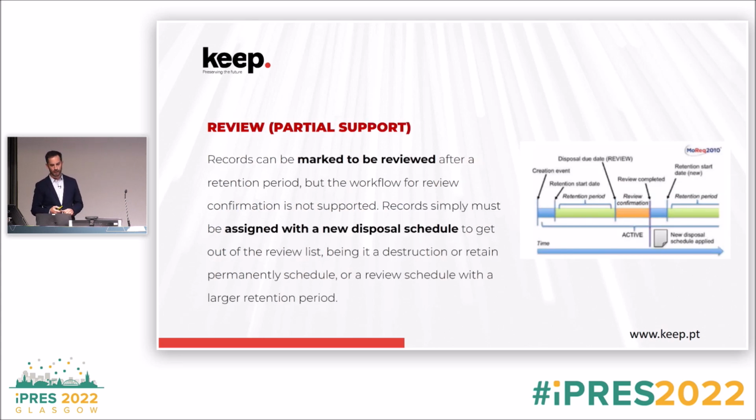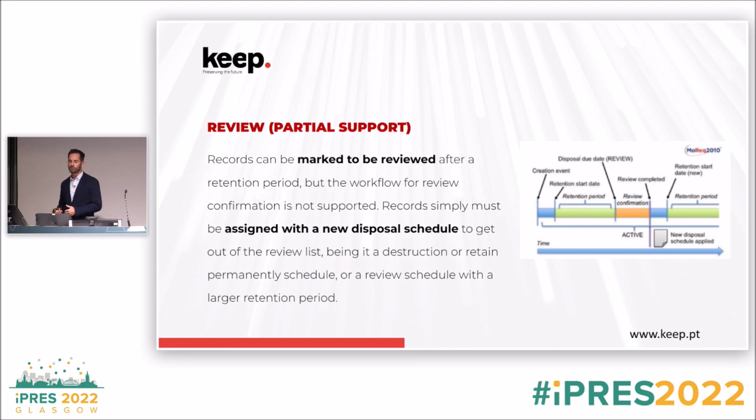When a record is marked to be reviewed, it will be reviewed after a retention period, but we don't support the full review confirmation process that MoReq defines with very strict timelines. Instead, records simply must be assigned a different disposal schedule to be taken out of the review overdue list.